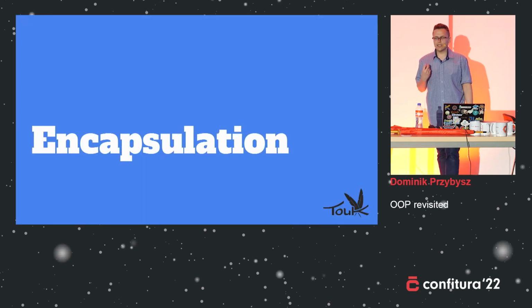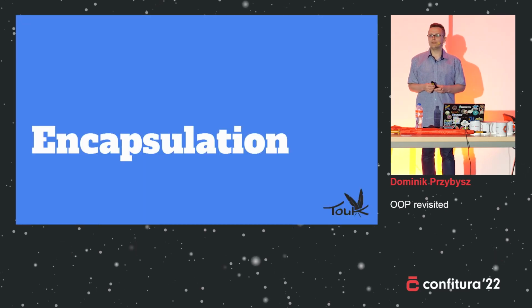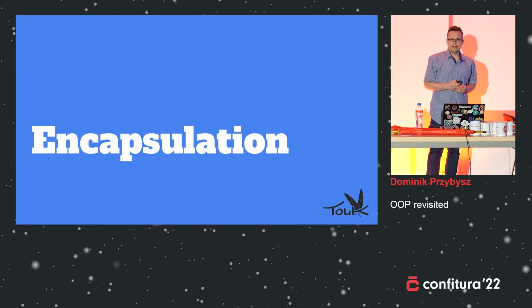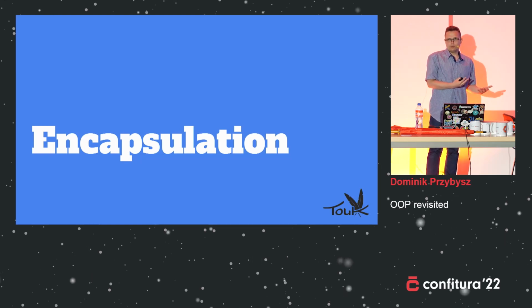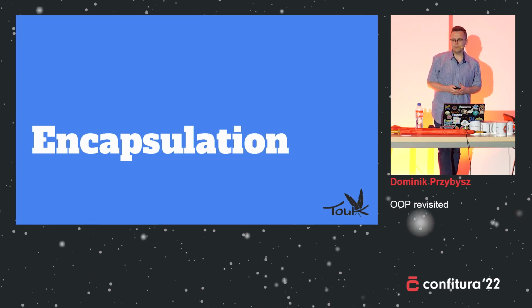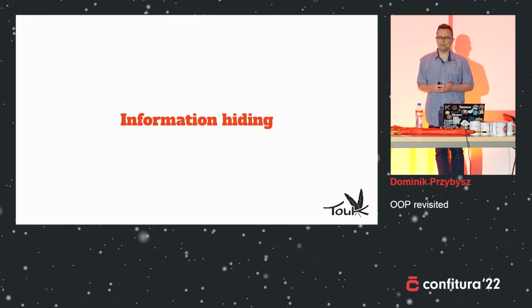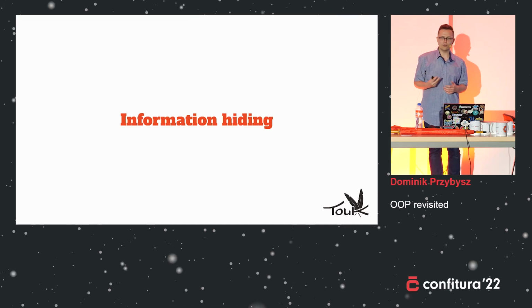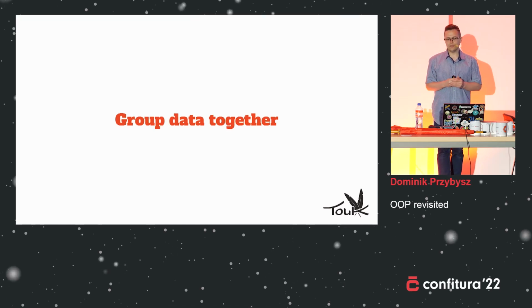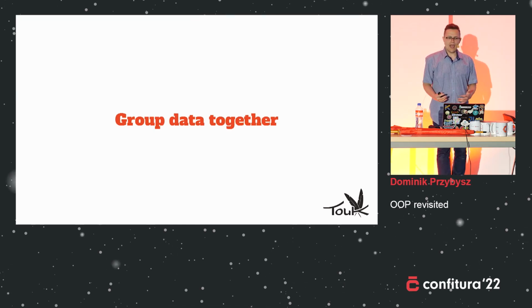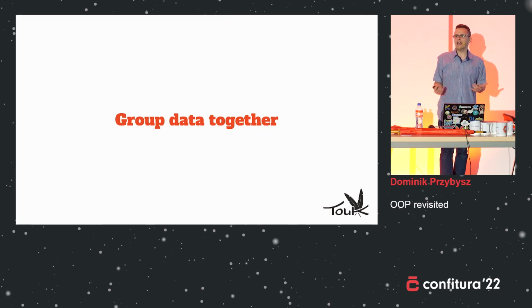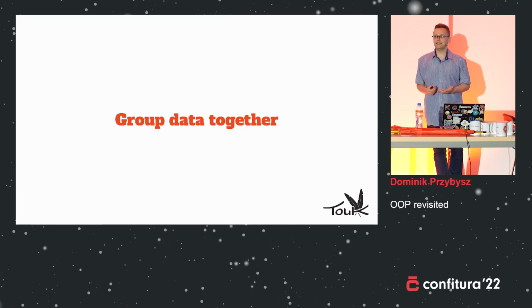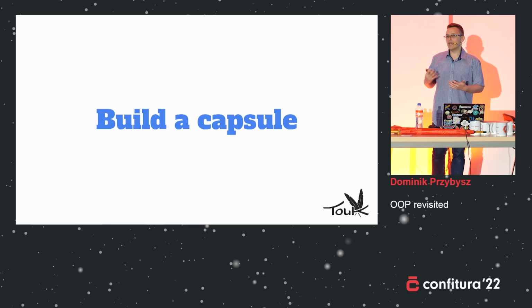Okay, let's start with the first principle of object-oriented programming, encapsulation. When you read a tutorial about encapsulation, you probably know that it is mostly focused on information hiding. But there is also a second factor of this principle, and it could be called grouping data together. The whole idea of encapsulation can be hidden in one simple sentence: build a capsule.